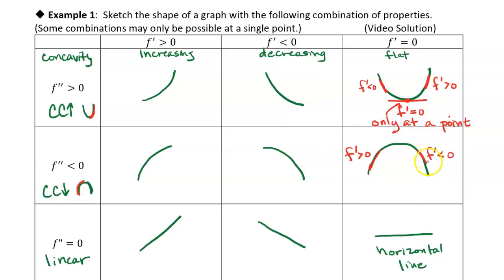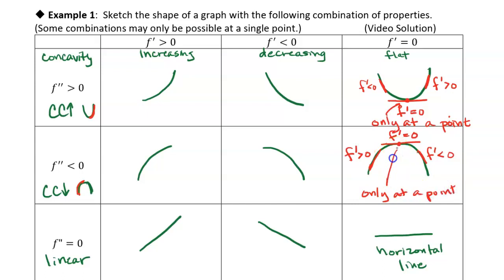The slope of a tangent line to the curve at that point would be less than 0. But up here, at this point, where it's changing direction from increasing to decreasing, f prime is equal to 0.